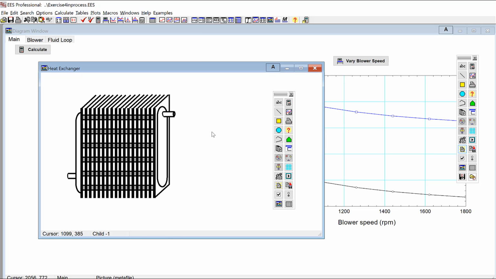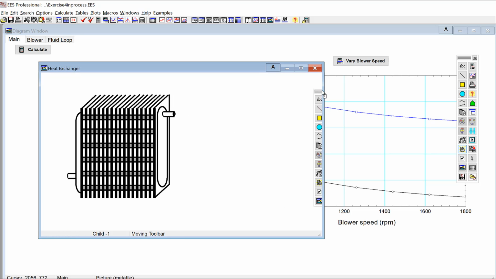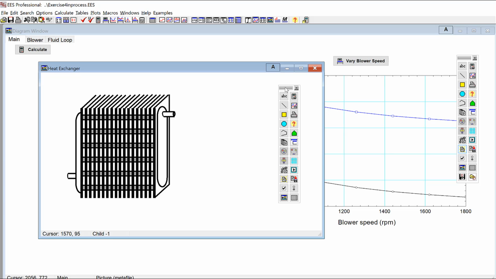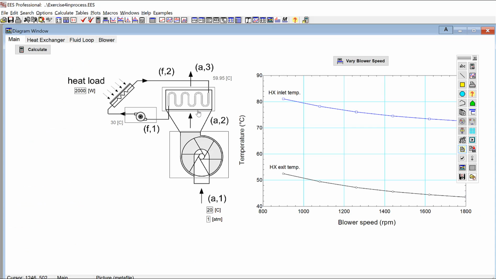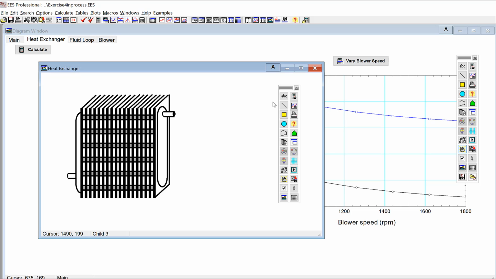And we have to put in here a bunch of parameters. So let's see. I think all of this stuff here we're going to want to put in there. Although some of this stuff maybe isn't really worth putting in there. But for now, let's just put in the size. So the width, the height, so the face area, and the length. And go back to here and put heat exchanger.